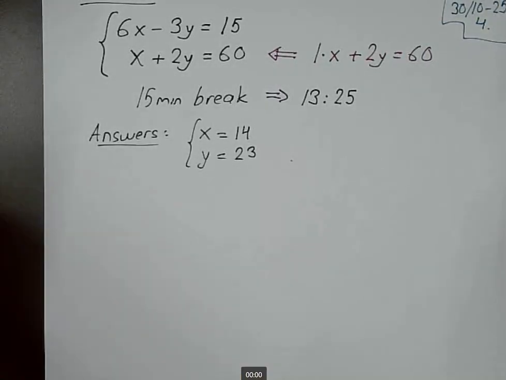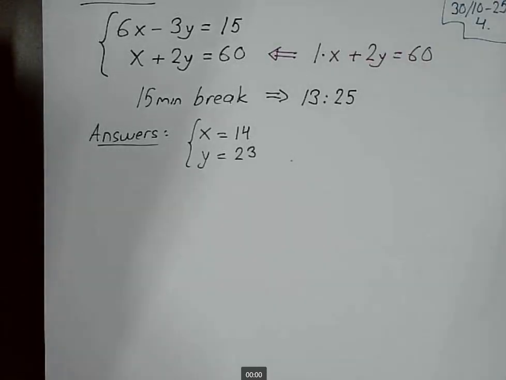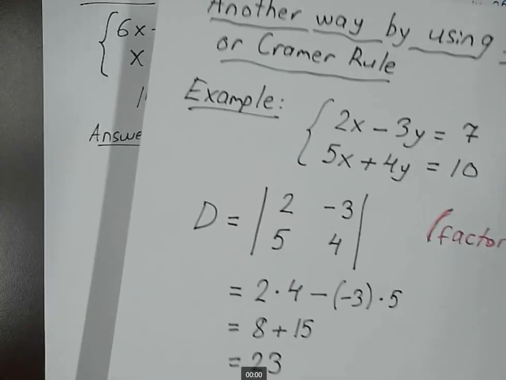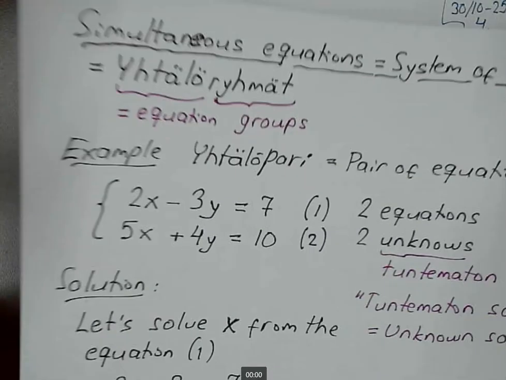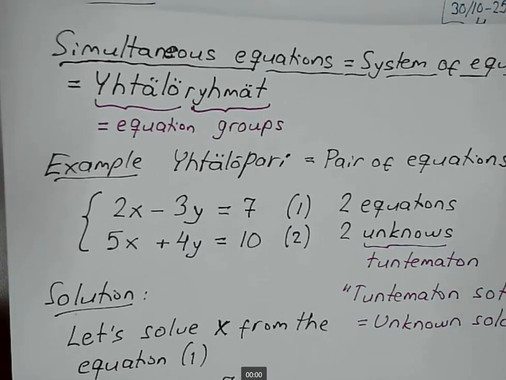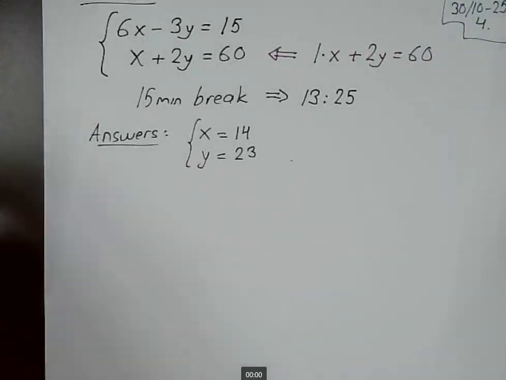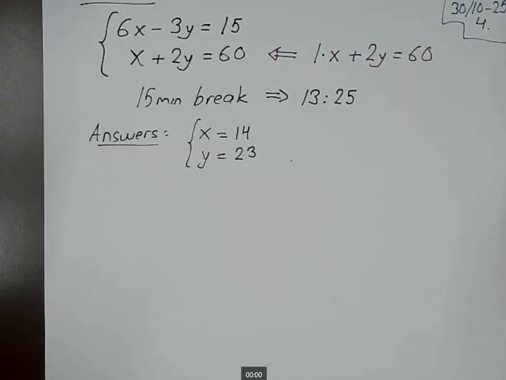We had this example there. We solved this with two methods. I will take one method still, the graphic method. This is not exactly any accurate method, but this is many times an easy way to check if you have made your solving correctly, or to find out some kind of approximate solution of the problem.